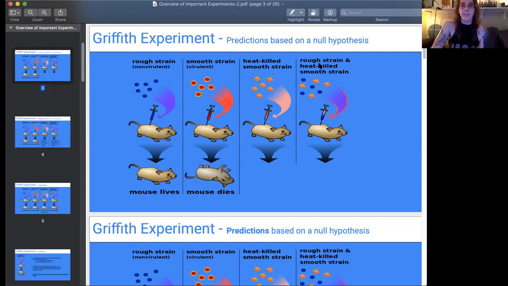We would expect that the mixture of the heat-killed virulent cells and the rough strain, the non-virulent cells, would have no effect. So we would expect the mouse to be living in both of these situations, since it's essentially just combining these 2 trials. So we'd expect there to be no difference.